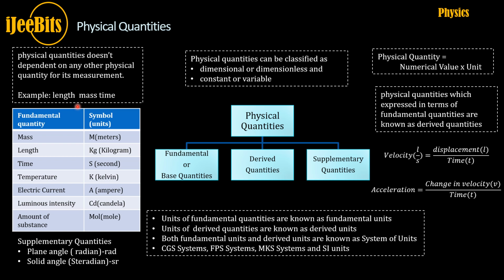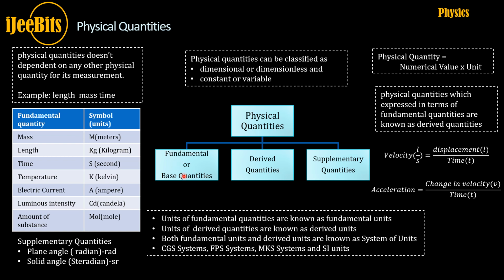Physical quantities can be classified as dimensional and dimensionless. It can be a constant, it can be a variable. Fundamentally, to classify physical quantities, we have fundamental or base quantities, derived quantities, and supplementary quantities.